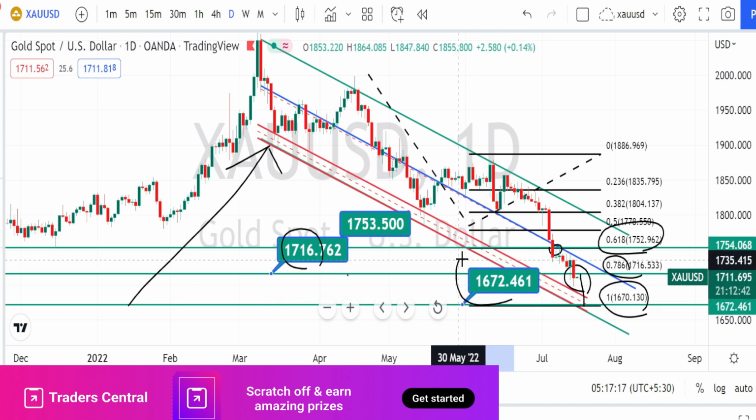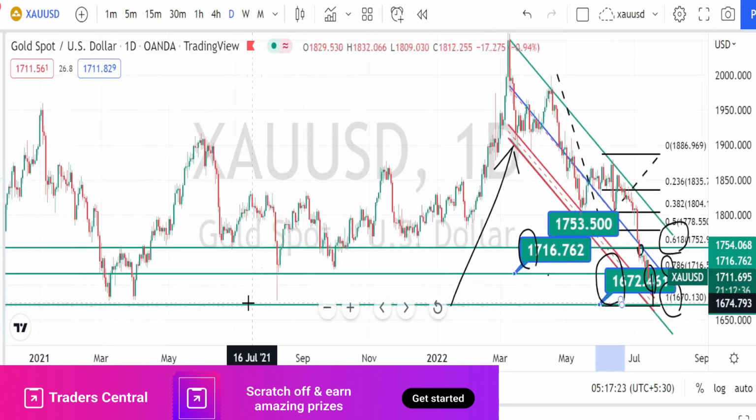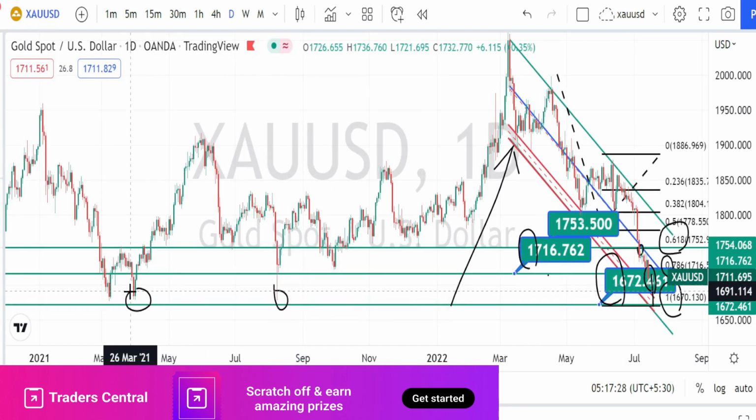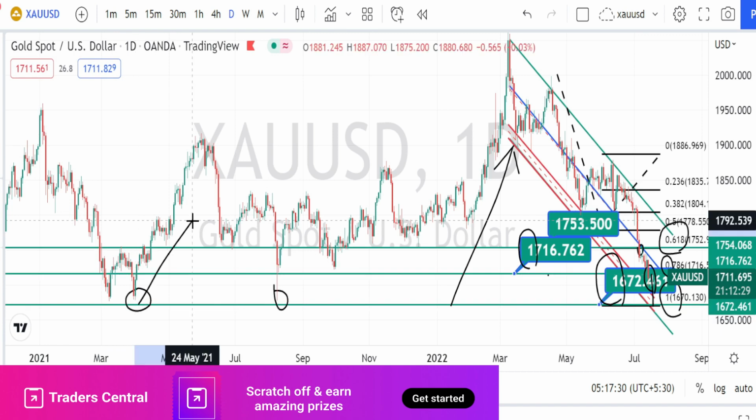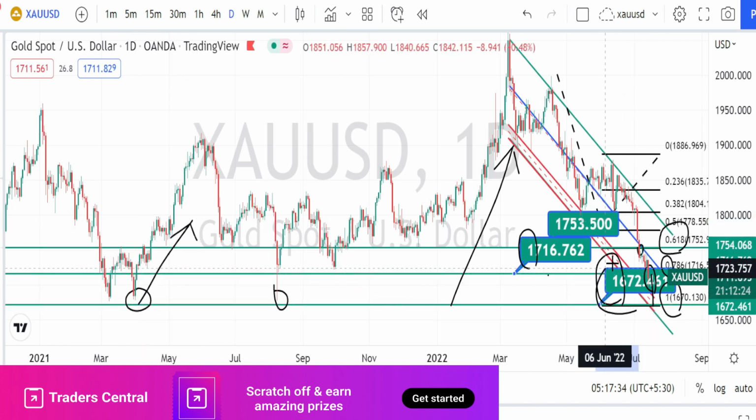Higher time frame support level of 1672. When we look at the past price action on the left hand side also, we have noticed the price action to travel nearer to this level, then to bounce back on the bullish trend reversal. So this level of 1672 is a major support level for daily time frame.